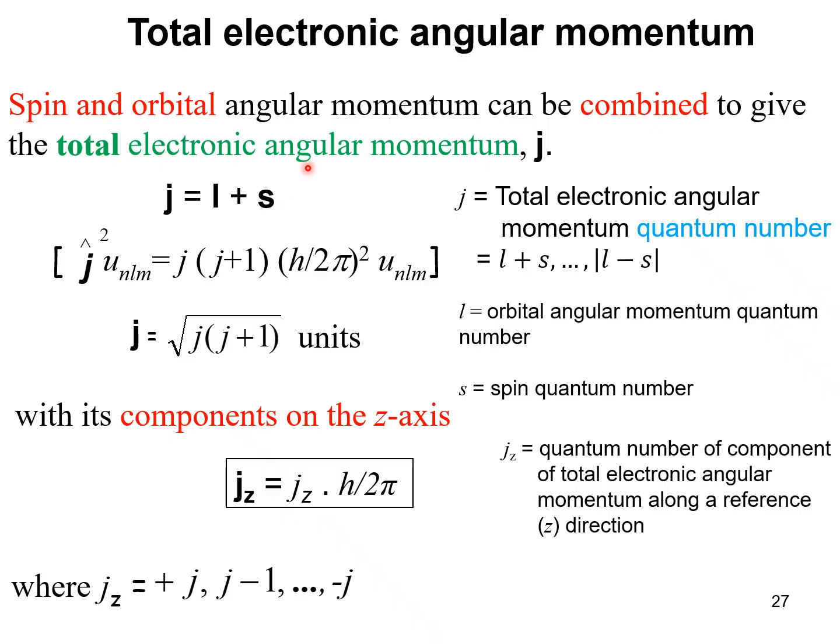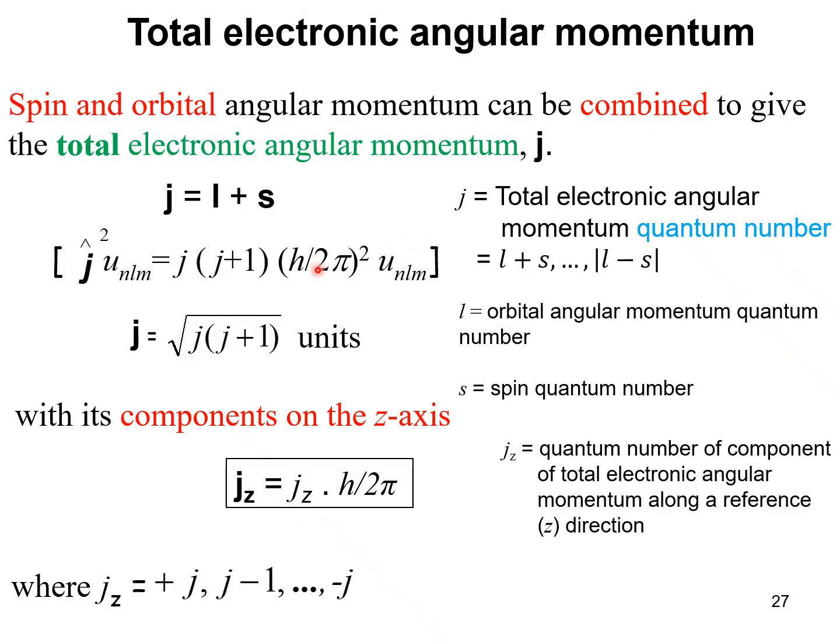The total electronic angular momentum can be quantified, which involves the spin and orbital angular momentum. When these two are combined, it gives us the total electronic angular momentum, J. The operator of total electronic angular momentum operating on the wave function gives the solution J(J+1) multiplied by h over 2 pi squared multiplied by the wave function itself.